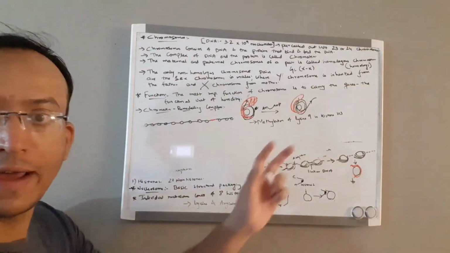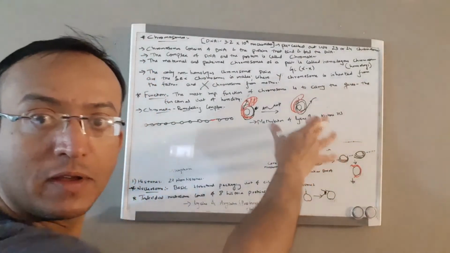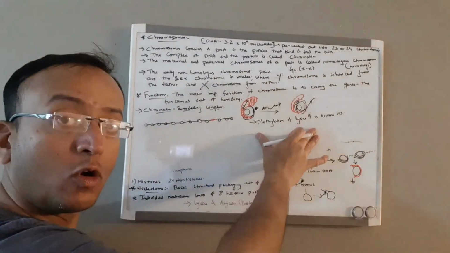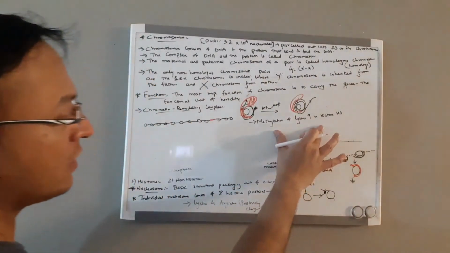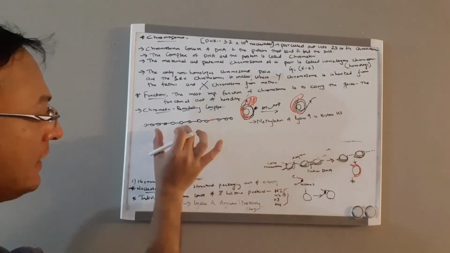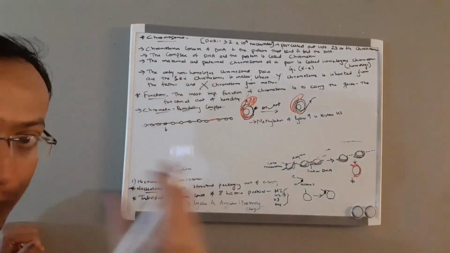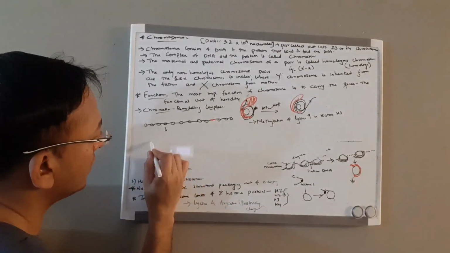This modification attracts the heterochromatin proteins. So for example, this methylation of lysine 9 in histone H3 will start forming heterochromatin. That means a more condensed structure.